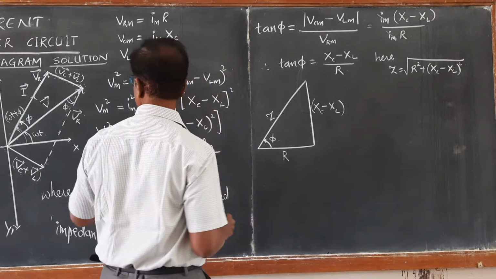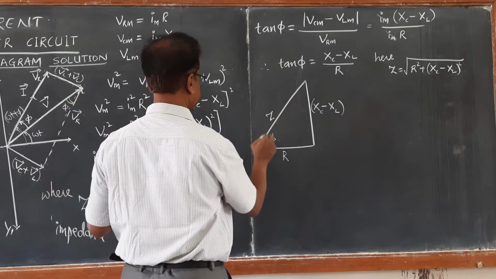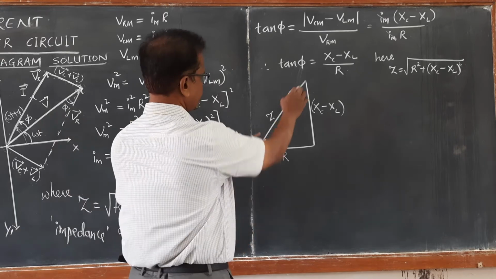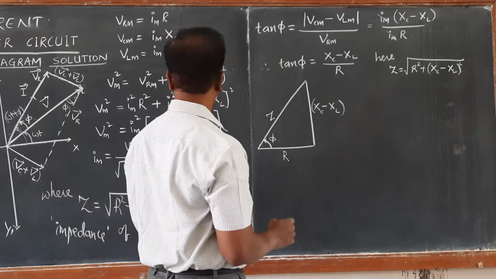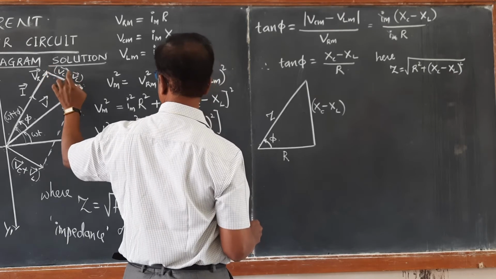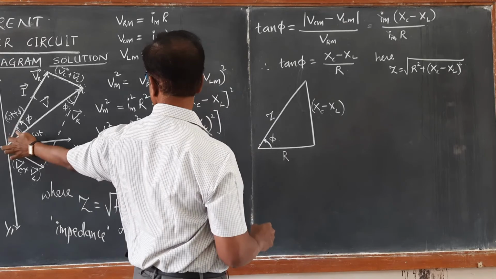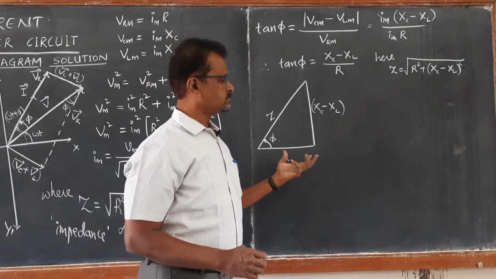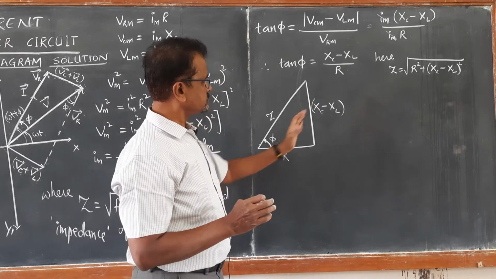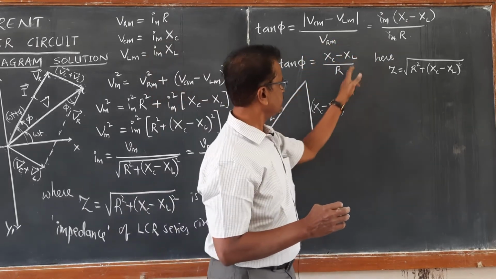The resultant of V is Z, that is, the magnitude of this one is Z, the magnitude of this one is XC minus XL, and the magnitude of this one is R, because in all these cases the coefficient is IM, that IM cancels. When IM cancels, you are left with this.